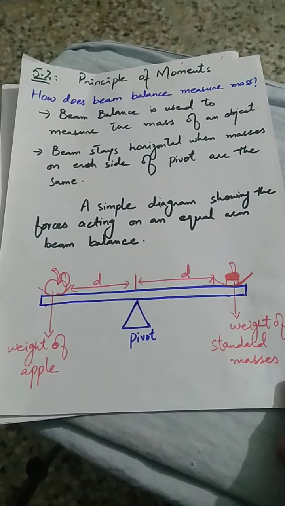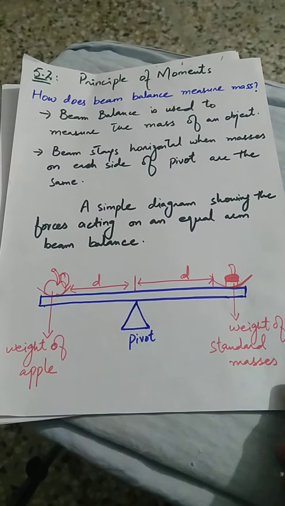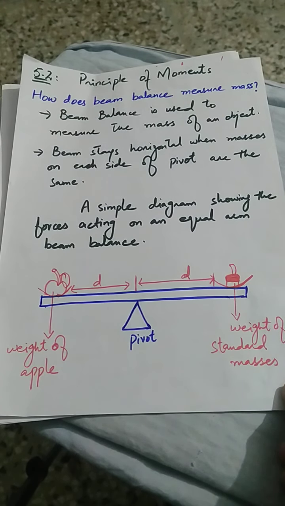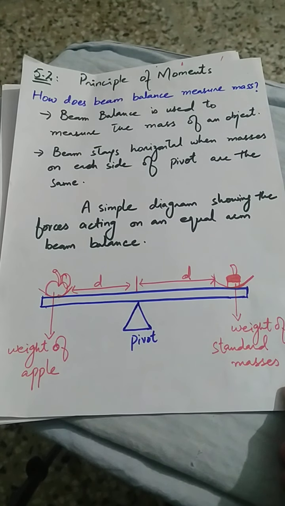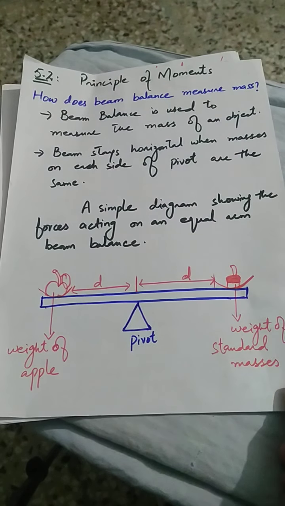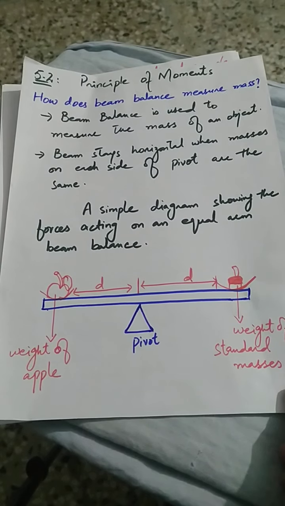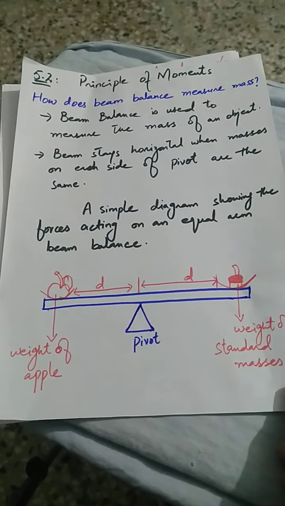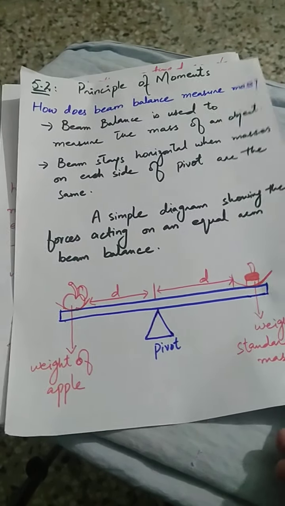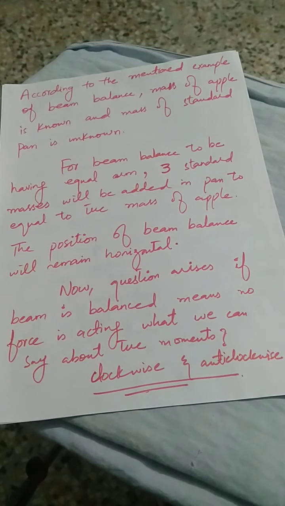We will keep adding masses in the pan until they become equal to the mass of the apple. That's how this beam balance will be in the stable condition. For the beam balance to have equal arms, three standard masses will be added in the pan, then both the masses will be equal.